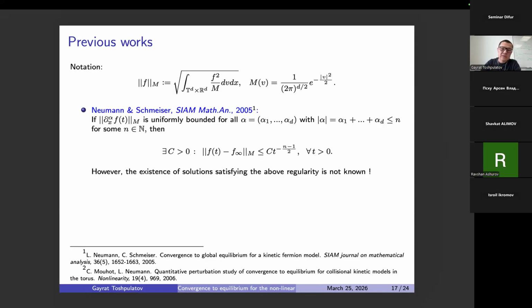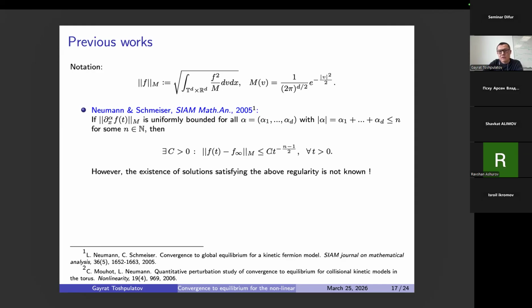They showed that if the partial derivatives of the solution with respect to x are uniformly bounded in this norm for all multi-indices whose absolute value is less than some natural number n, then there exists a positive constant such that this estimate holds.